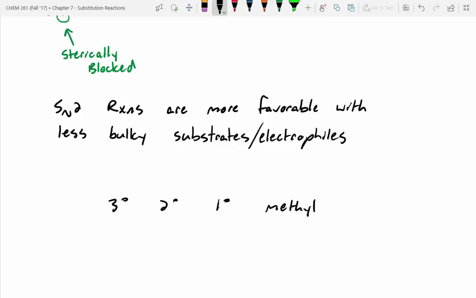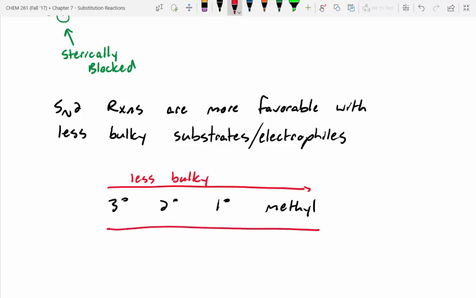All right, if we think about it this way, the methyl group is the least bulky. That means that the probability of an Sn2 reaction occurring increases the more you get towards methyl groups or primary groups.